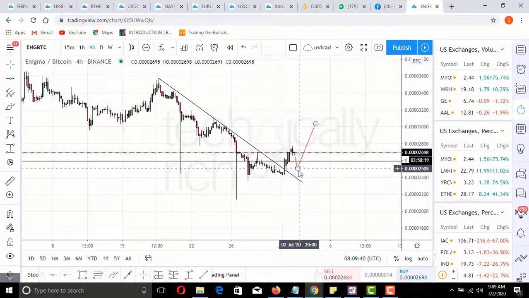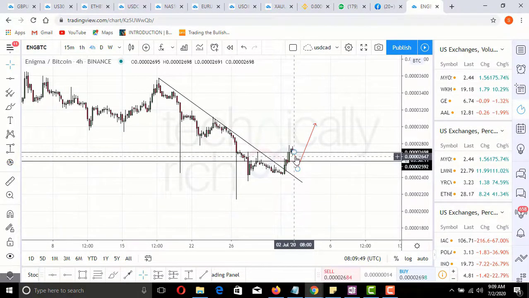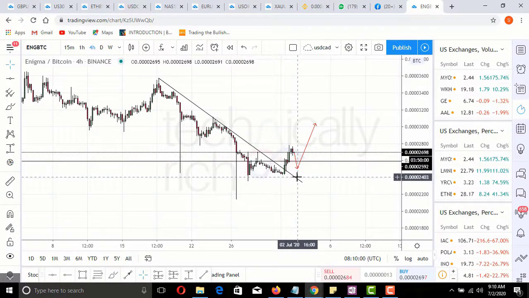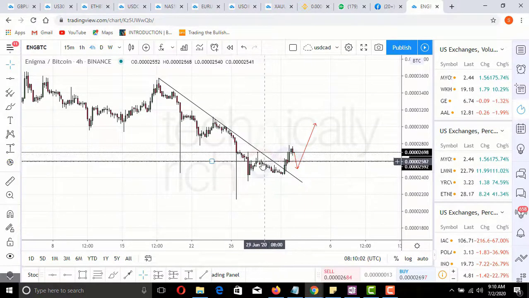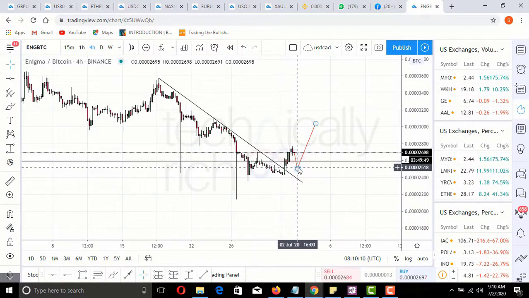So now we are probably expecting the market to retest this broken resistance here, and the market can also stretch down almost to the broken trend line. However, if this market retests this one, it means it has retested this broken trend line, and it also means it has retested this horizontal resistance right here, and it will be turned into support.